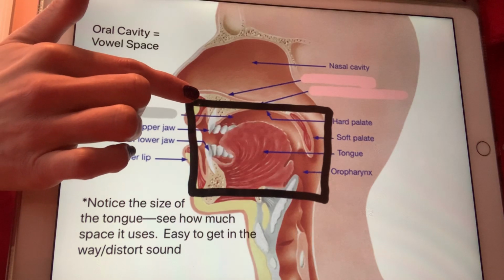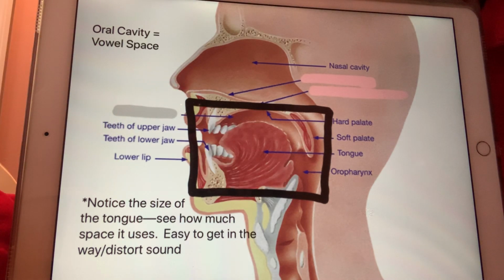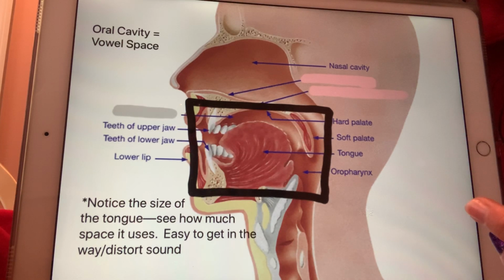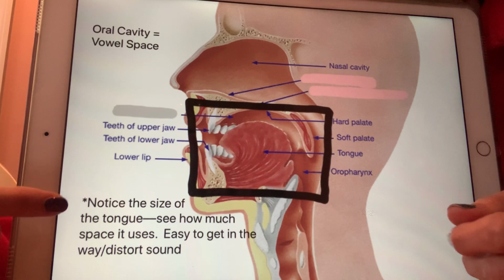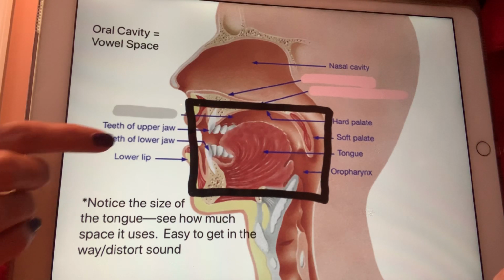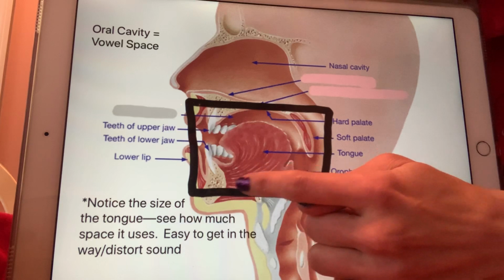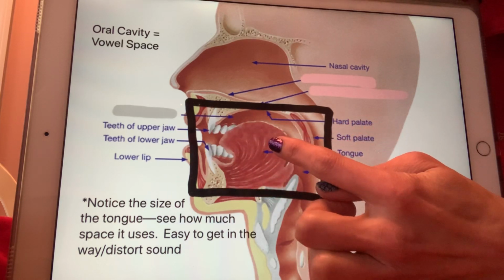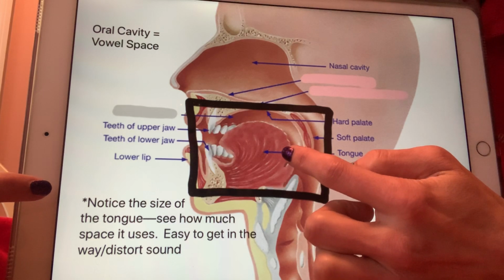So thinking about that vowel quadrilateral in reference to the oral cavity makes us think about which resonators we use for different vowels a little bit more closely. Before we move on, notice how big the tongue is. See this muscle right here, this kind of C-shaped muscle? That's the tongue. It's really big, okay?